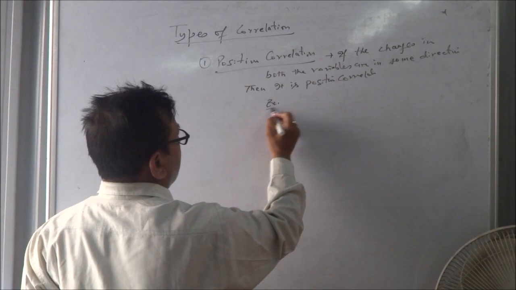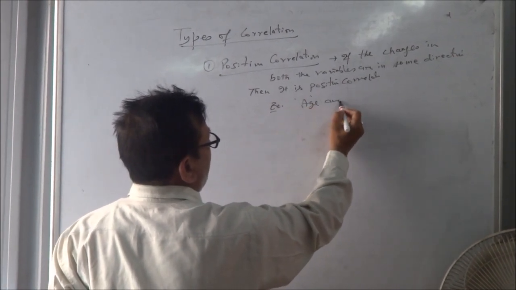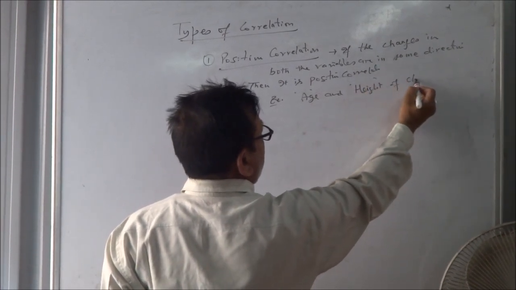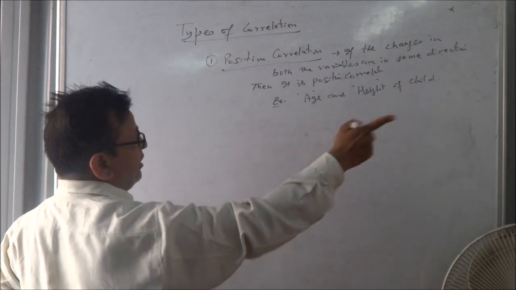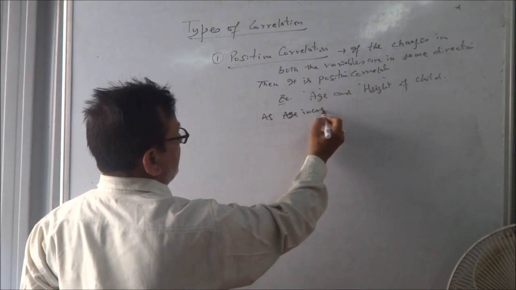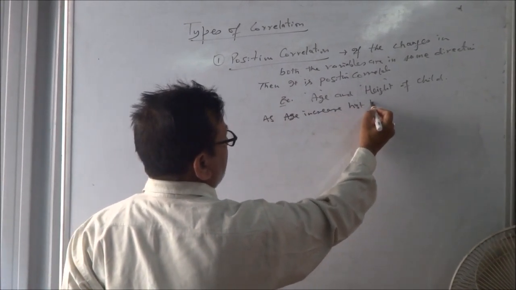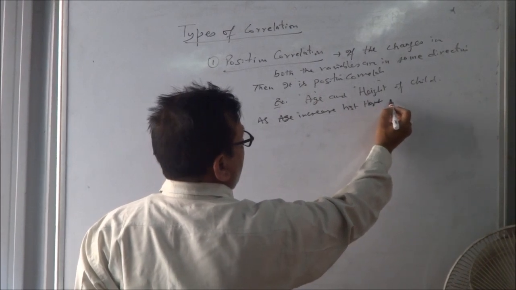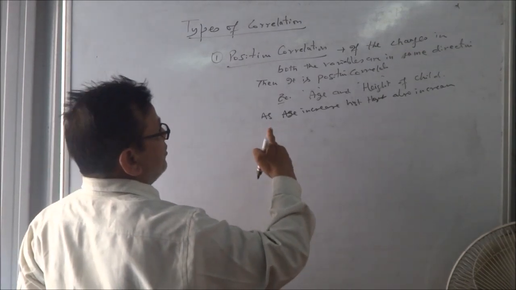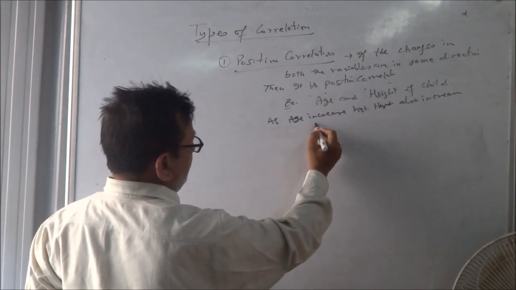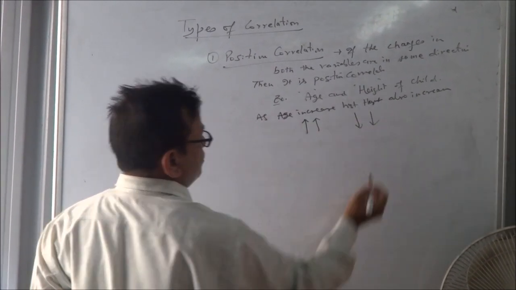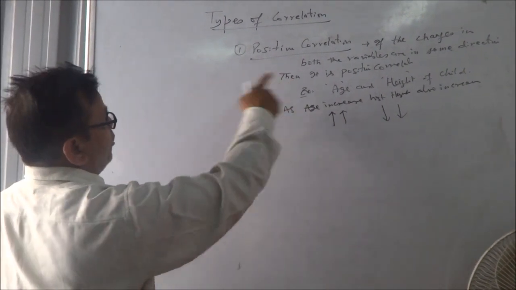For example, age and height of a child. As age increases, his height also increases. Changes in both the variables are in the same direction means if one is increasing, the other is also increasing. If one is decreasing, the other is also decreasing. So this is positive correlation.